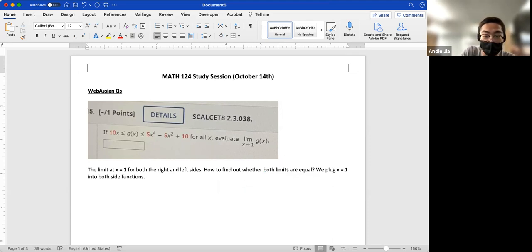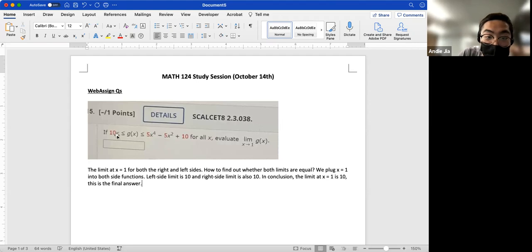For the limit of x approaching 1 from the left side, the limit is 10, and the right side is also 10. So we can say in conclusion, the limit at x equal to 1 is 10. This is the final answer of the question.